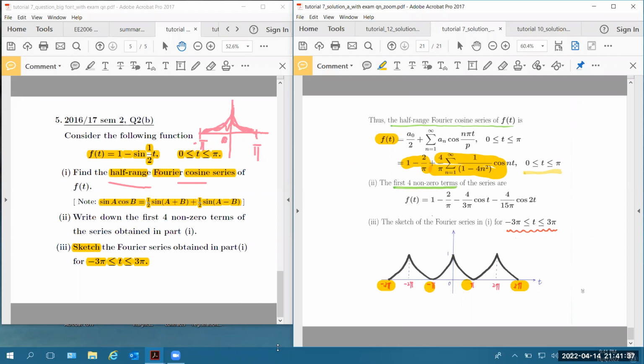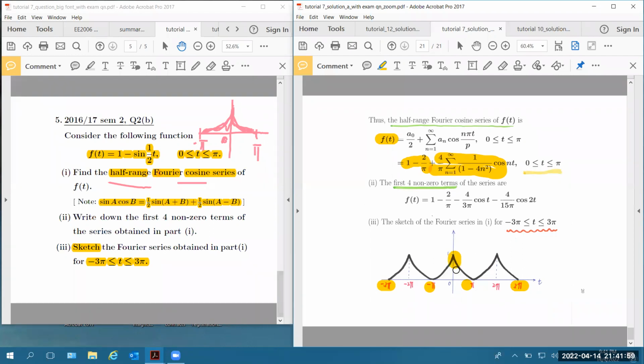So this part 3 is actually to test our concept, the concept of the half-range Fourier cosine series. How do we get the Fourier cosine series? We extend the function to become an even function, right? So that is what we do.